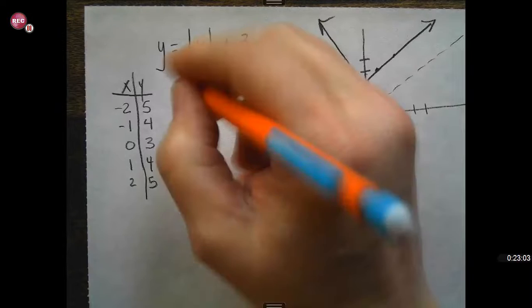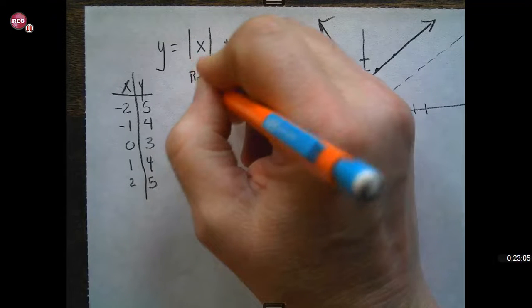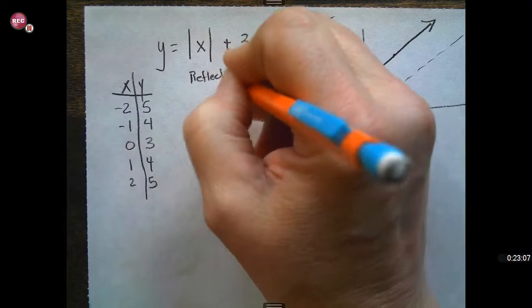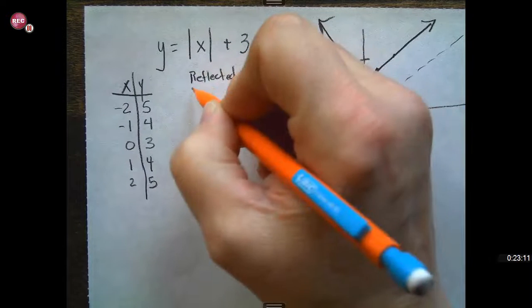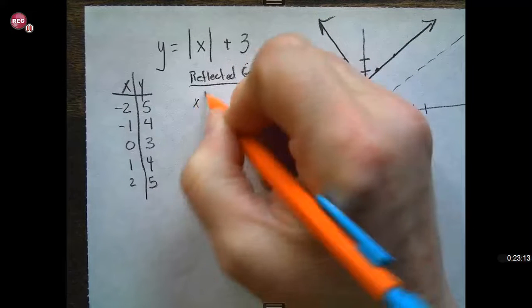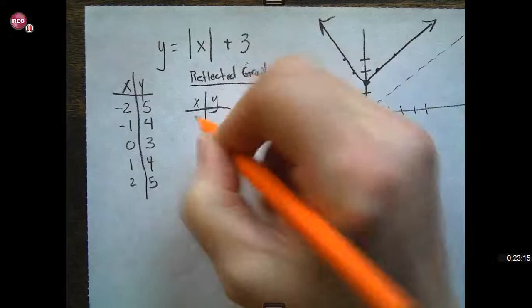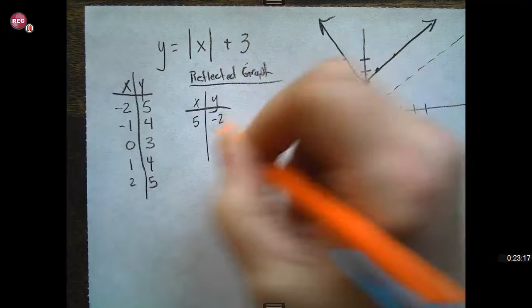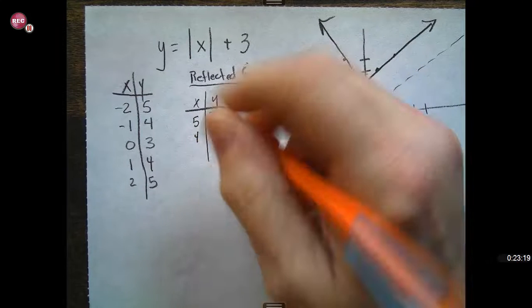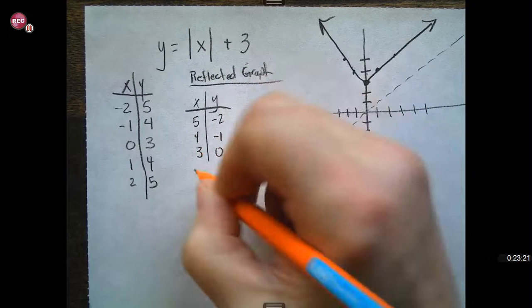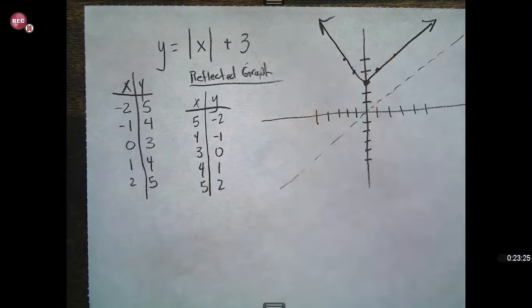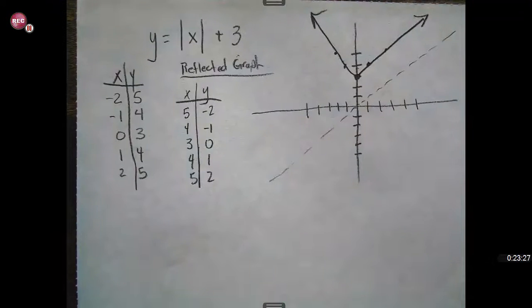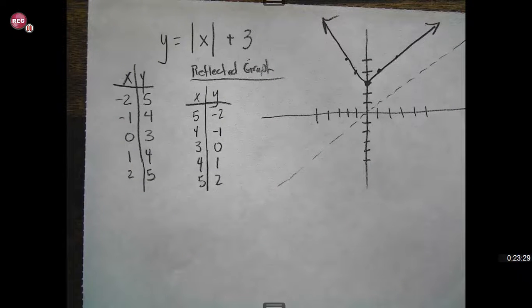So to do that, the ordered pairs of the reflected graph will be 5, -2, 4, -1, 3, 0, 4, 1, and 5, 2. And some people can just visualize that reflection and draw it in. I'm not one of those people.